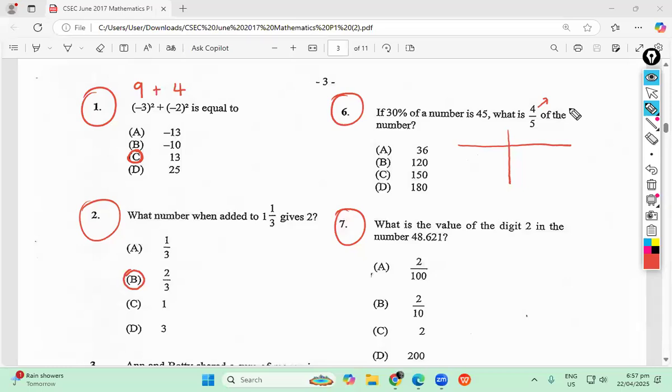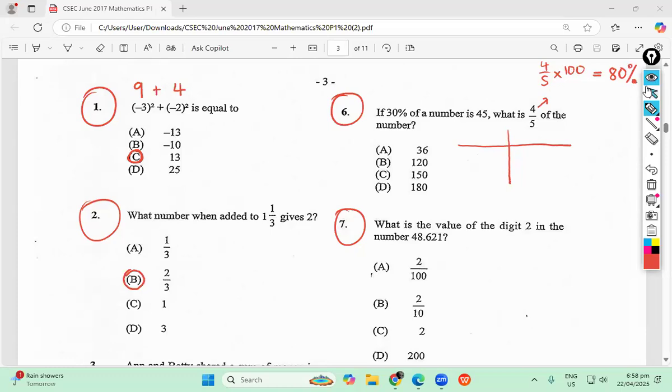They said 30% of a number is 45. They want to know how much is 4/5 of the same number. 4/5 is the same thing as how much percent? 80%, right? How did I get that? 4/5 multiplied by 100. Percentages are always out of 100. So if you find 4/5 of something as a percentage, you will get 80%.